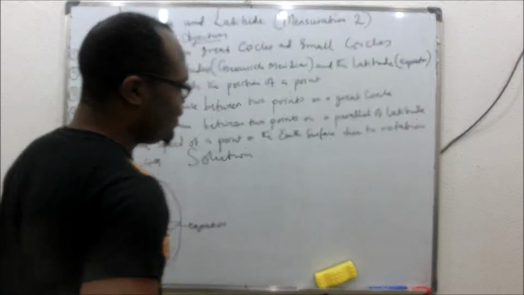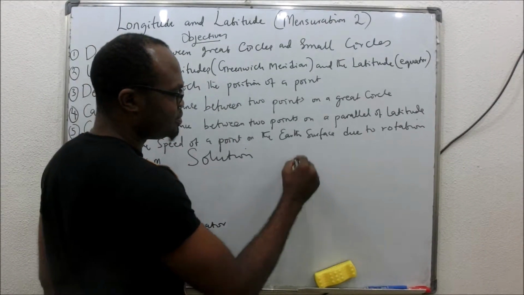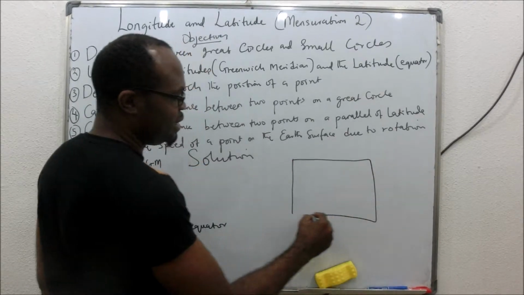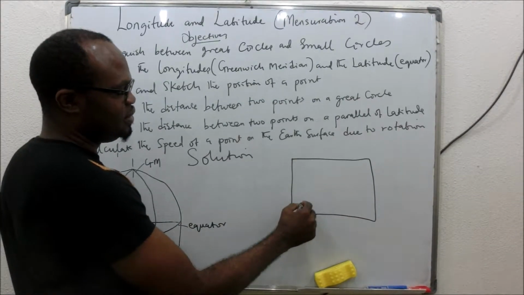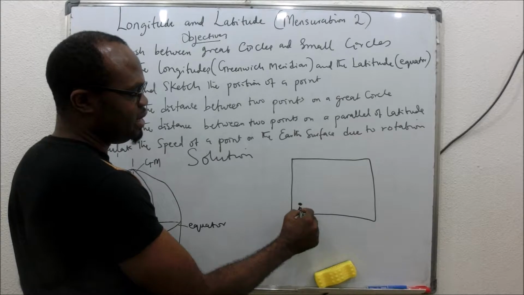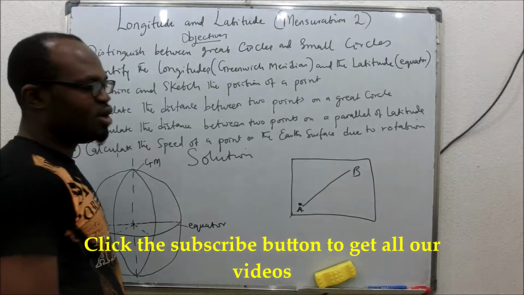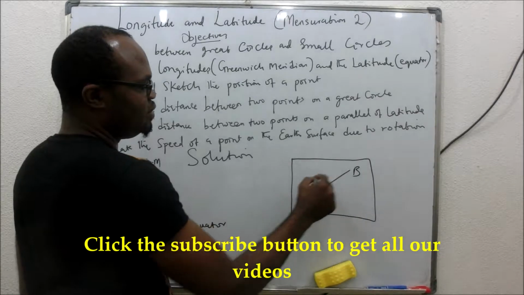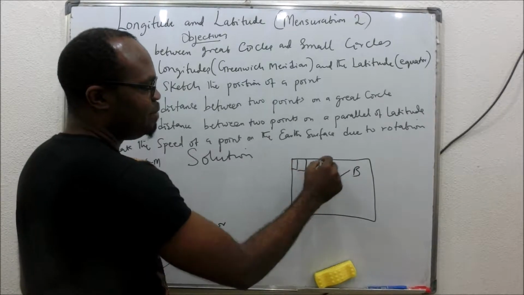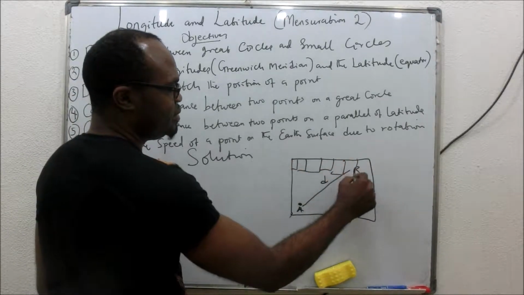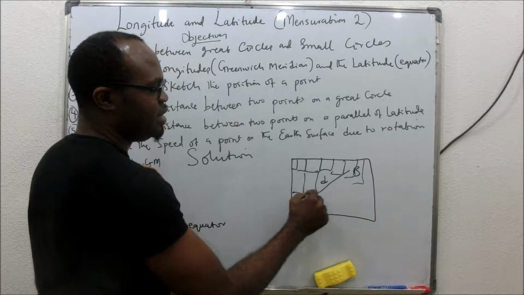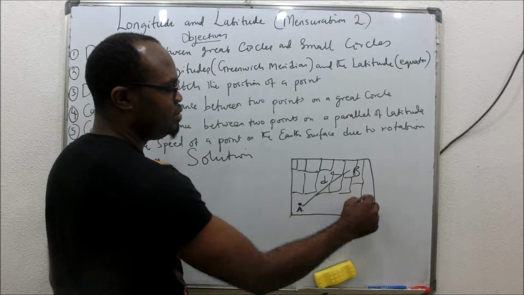So let's say you have an object, say a rectangle, and you want to know the distance between point A and point B, or you want to know the total area occupied by this object.